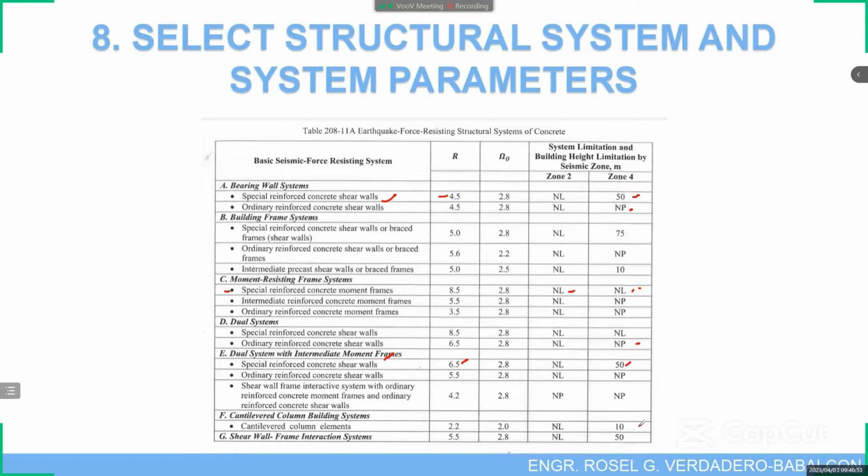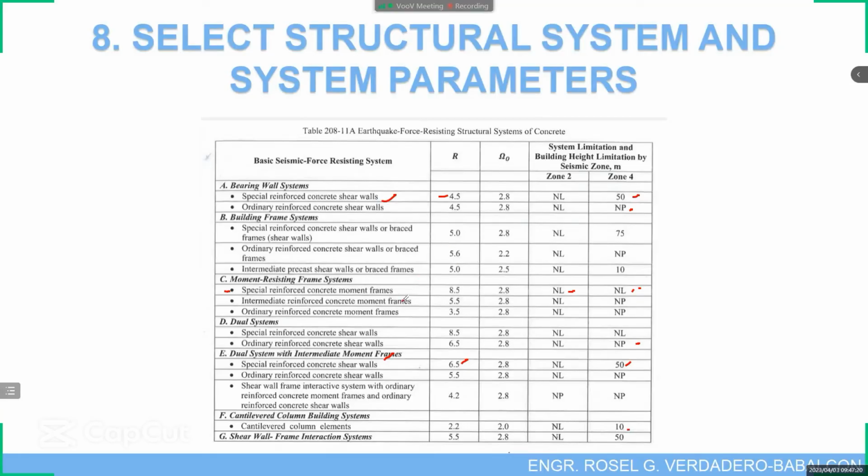And for the cantilevered column system, under zone 4, okay, the R value or the response modification factor is around 2.2 only. So the limitation of the height in seismic zone 4 using the cantilevered column system is only 10 meters. So that is how you are going to use this table.